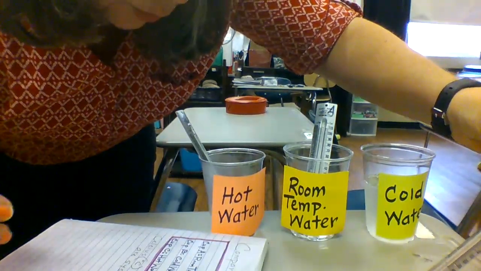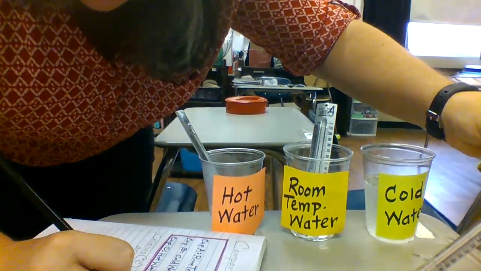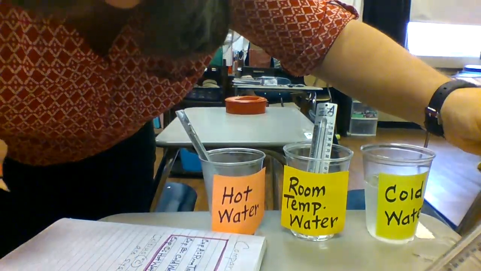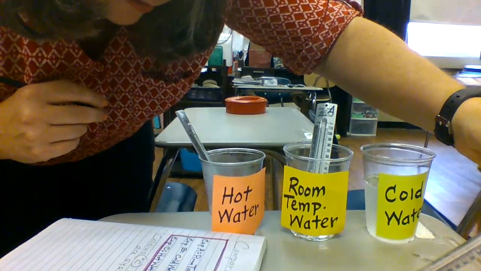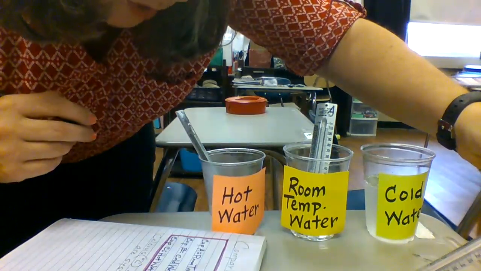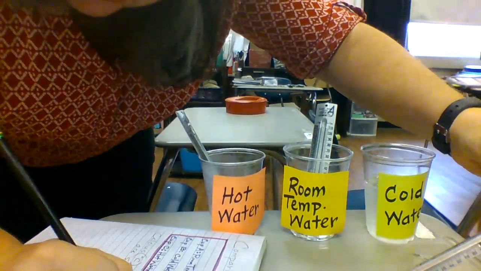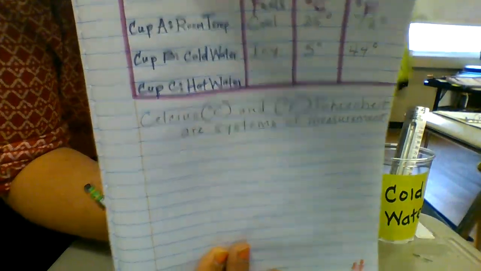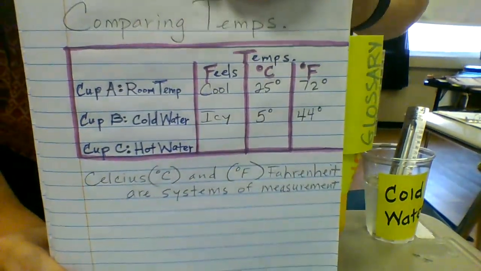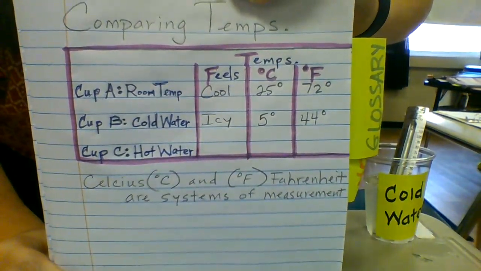According to this, ooh, brr, we're at a chilly 5 degrees in Celsius. And a lovely 44 degrees Fahrenheit. Look at that. Woo, that is certainly icy. You can definitely tell the difference, can't you?